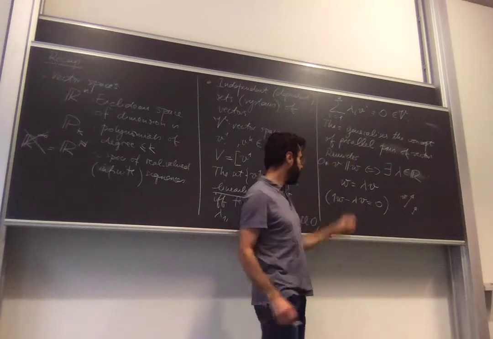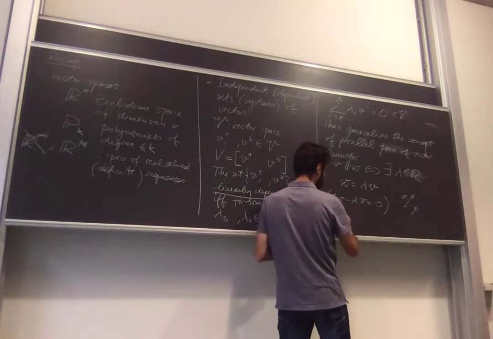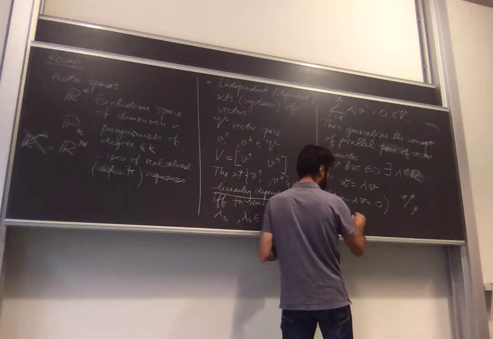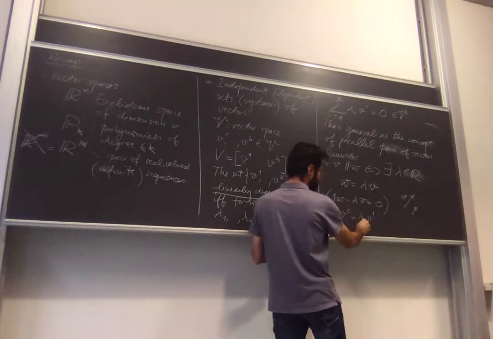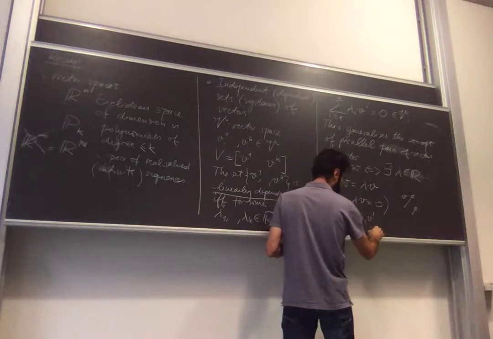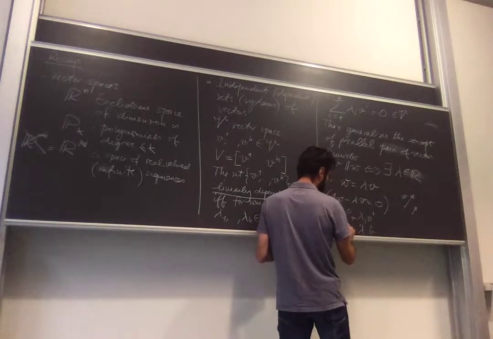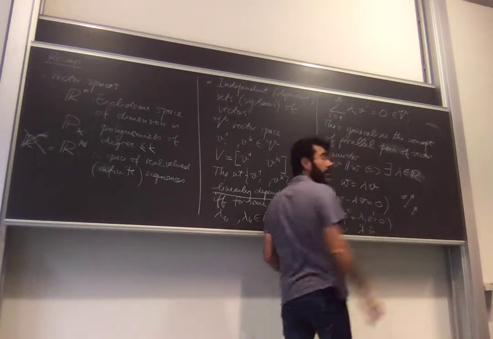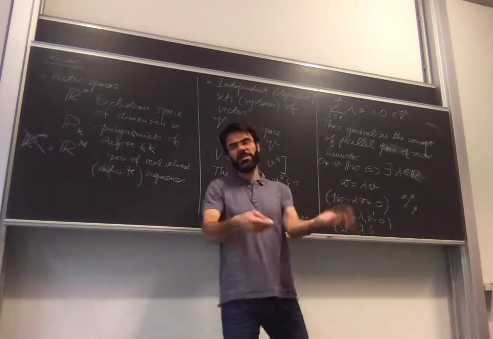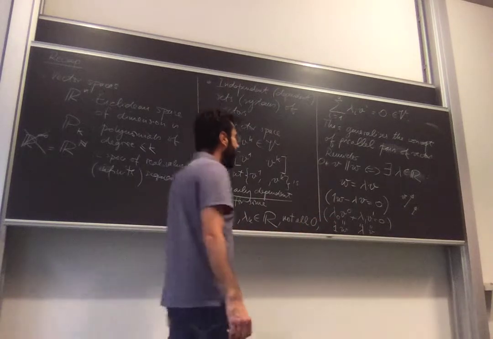If you want, let's call it lambda 0, V naught, plus lambda 1, V1, where lambda 1 is simply lambda, V1 is V, this one is W, and this one is 1. So I'm just rewriting this in a form that resembles that summation there. I'm starting from 0 just because it happened to be handier in this case.